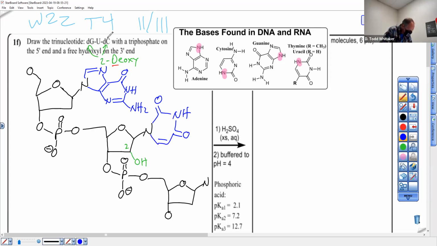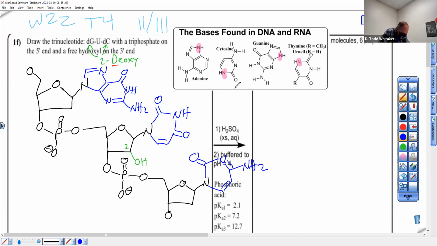What about the C? Here's the C, there's the N, goes to carbonyl, goes to N double C. Another urea-ish feature here, but not quite. And then goes to C double C, comes back to N. Did I copy that right?